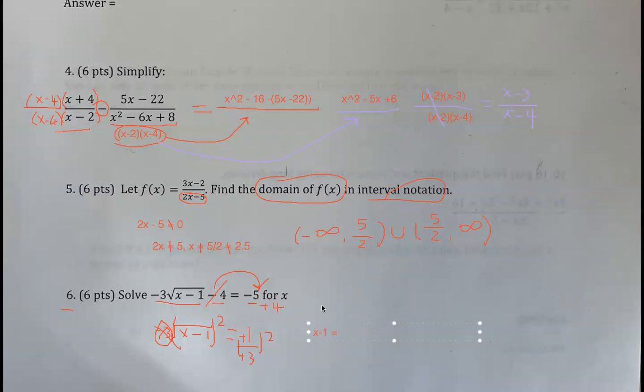On the right-hand side, we have 1/3 squared, which becomes 1/9. Then we move -1 to the other side, becoming +1. So x equals 1 plus 1/9, because we can change 1 to be 9/9. Then 9 plus 1 is 10, so 10/9.